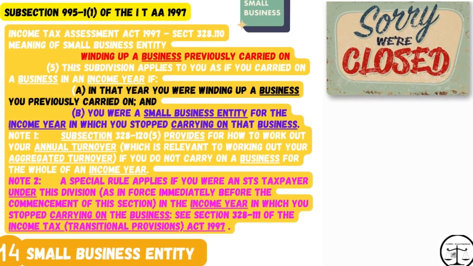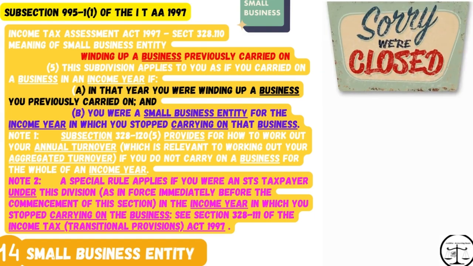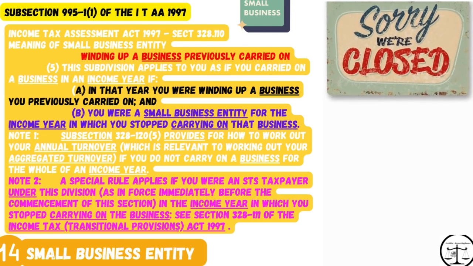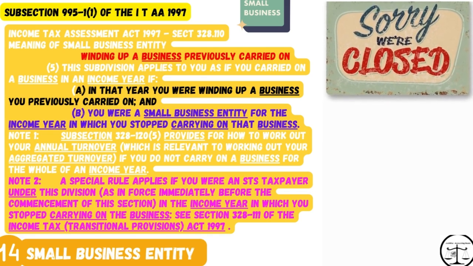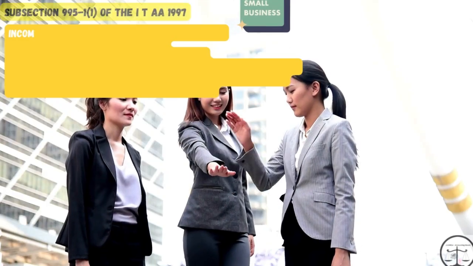Note 2. A special rule applies if you were an STS taxpayer under this division, as in force immediately before the commencement of this section, in the income year in which you stop carrying on the business. See Section 328-111 of the Income Tax (Transitional Provisions) Act 1997.